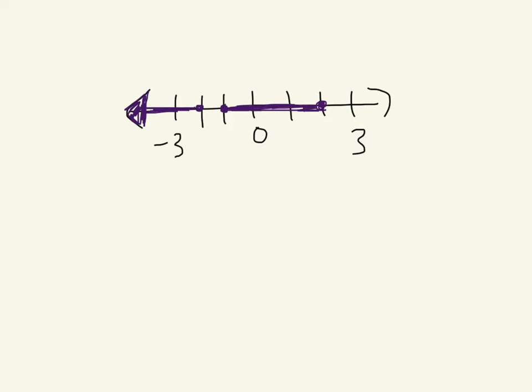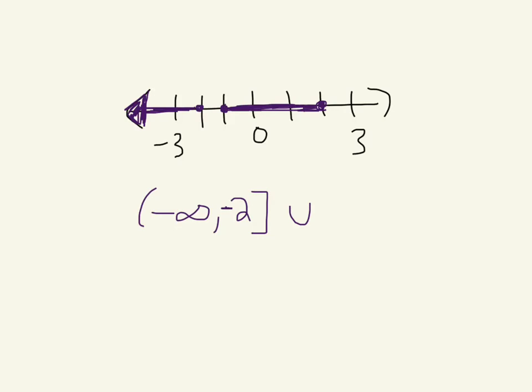So let's write this in interval notation. This piece here, that arrow tells us we're going off to negative infinity, and it stops at negative 2. Since that's a solid point, we're going to use brackets. So I've got negative infinity up to negative 2, bracket, union.